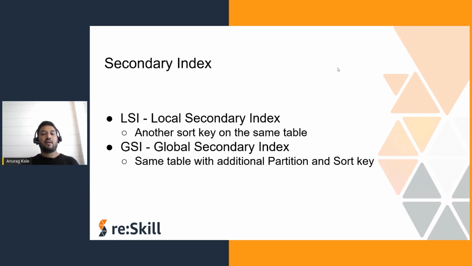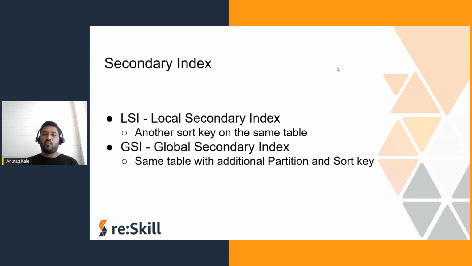Then we have something called a GSI, or a global secondary index. In a global secondary index, you can define a different set of partition key and sort key for your DynamoDB table.